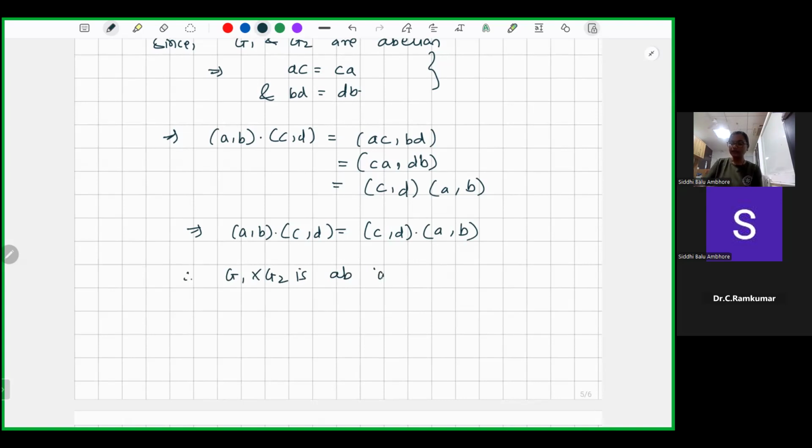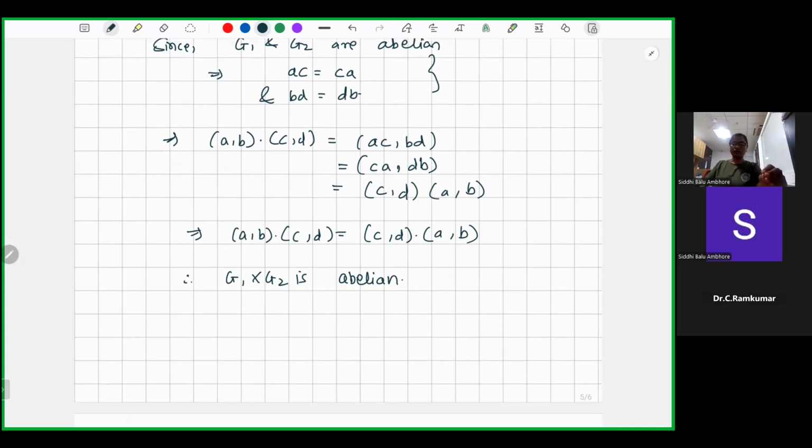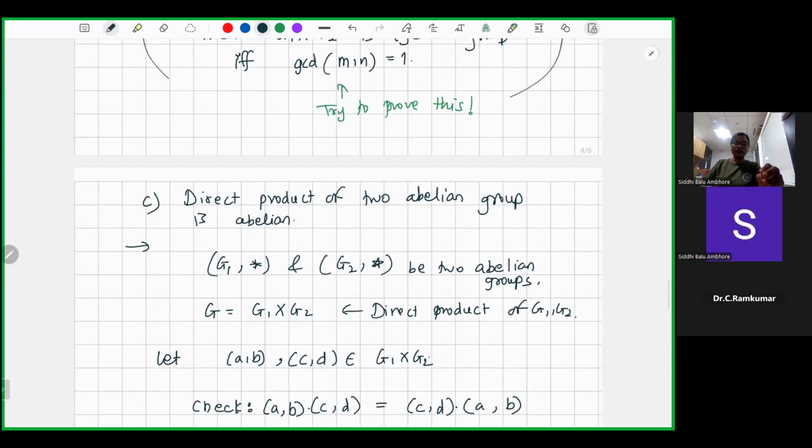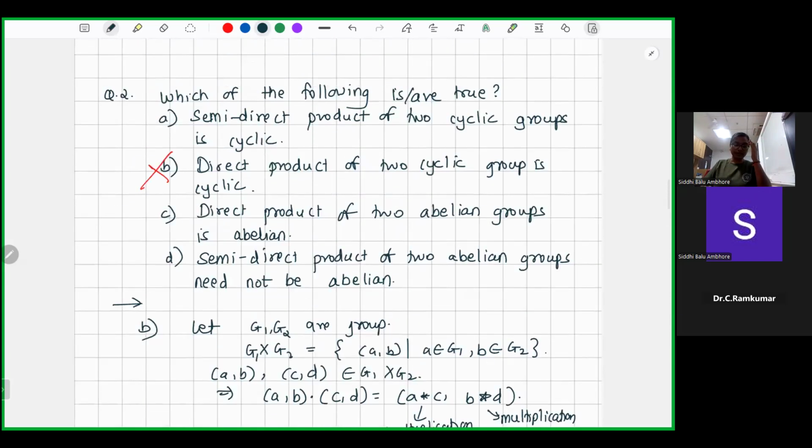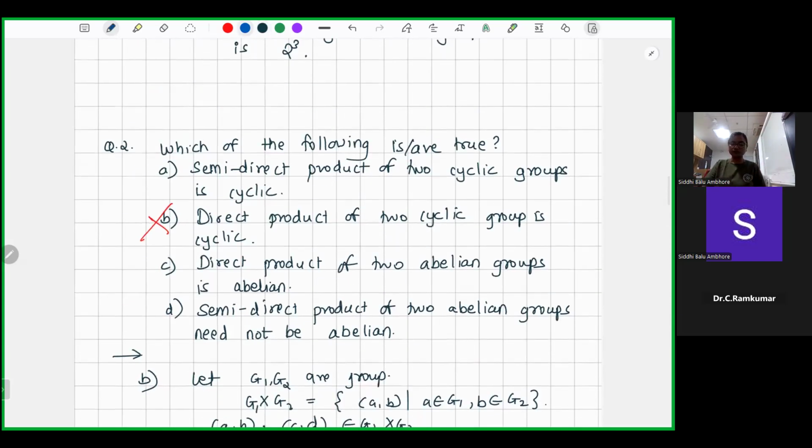The abelian property, or the commutativity, of G1 cross G2 we got because of the commutativity at each component of G1 cross G2. Okay, so therefore this statement that the direct product of two abelian groups is abelian is true.